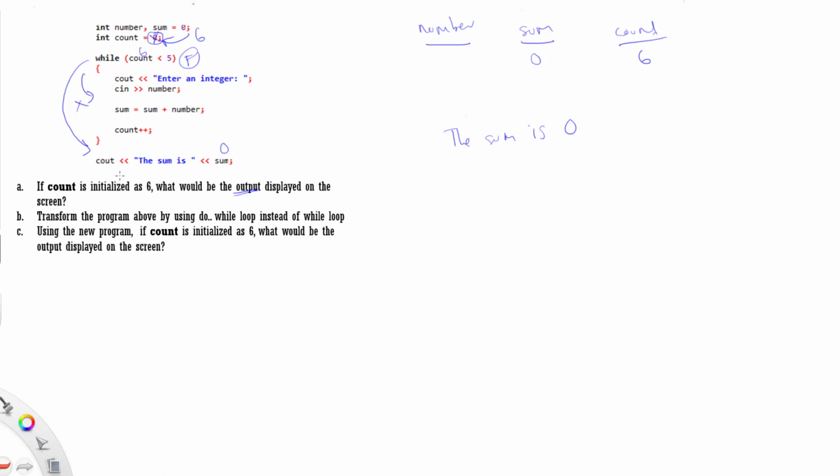Now let us transform this program by using a do while loop instead of a while loop. If we want to change this program from using a while loop to a do while loop, we must identify which is the initialize, which is the condition, and which is the update.